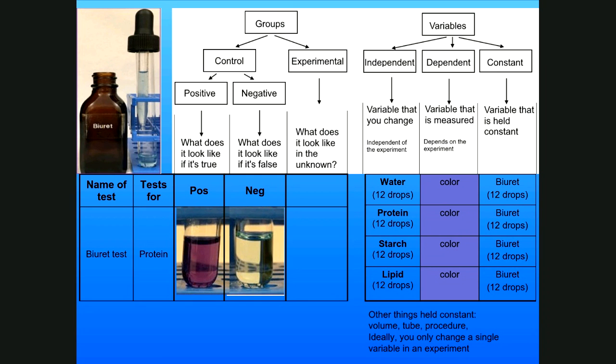And your expectation would be, because burette tests for protein, that there would not be a color change in the water, there would not be a color change in the starch, there would not be a color change in the lipid, but there would be a color change in the protein. So your water, your starch, and your lipid would all be negative controls, whereas your protein is your positive control. And then you would be comparing your unknowns to those results.